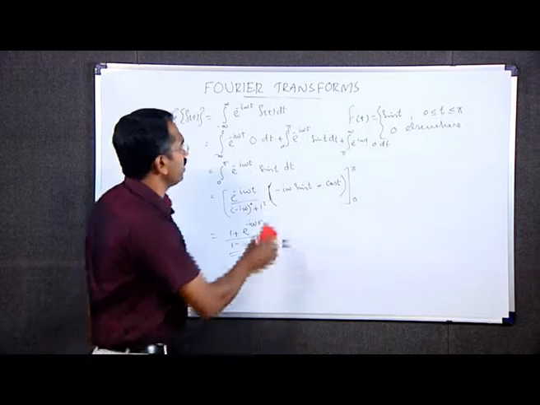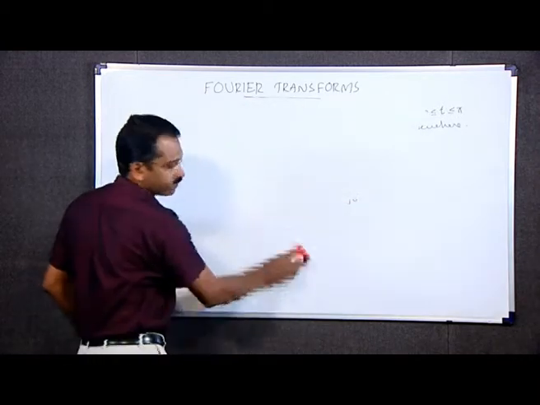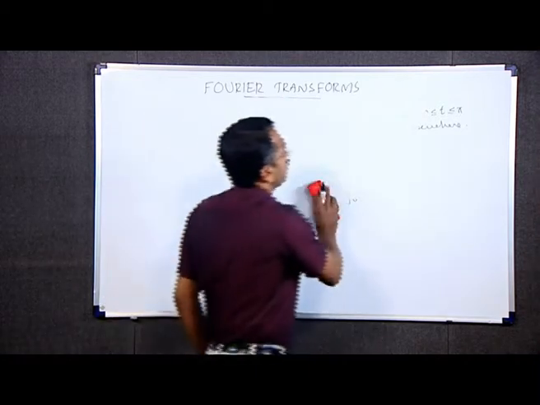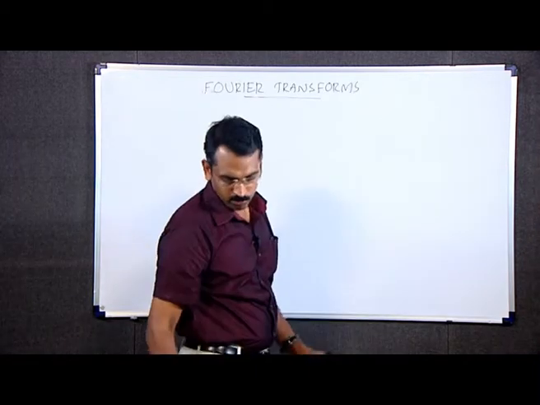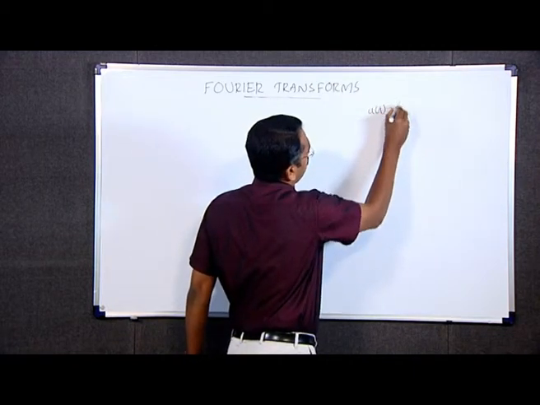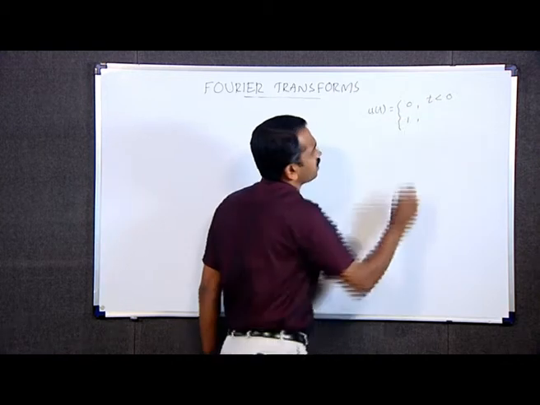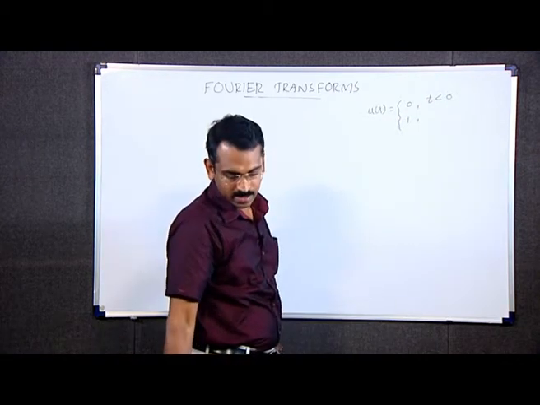Now consider the unit step function u of t defined by u of t equal to 0 for t less than 0 and equal to 1 for t greater than 0.